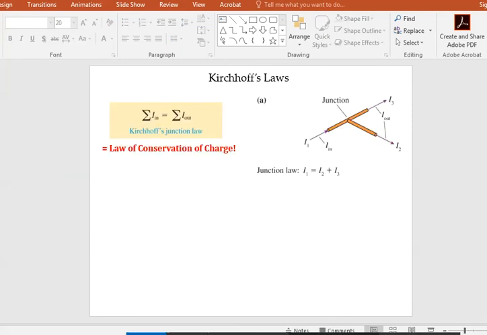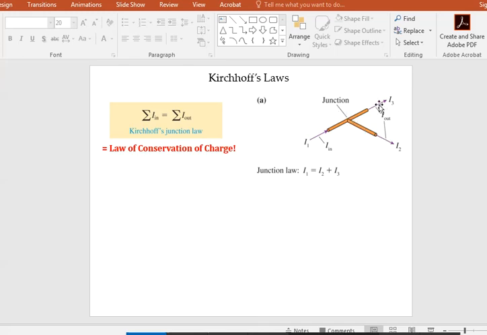Now let's take a look at Kirchhoff's laws for the conservation of charge and the conservation of energy. So in the case of conservation of charge, imagine that you had some cars that were going down a little highway here, and some of them split right and some of them split left. And so let's say you had 100 cars that went in, and you counted that 60 of them went to the right.